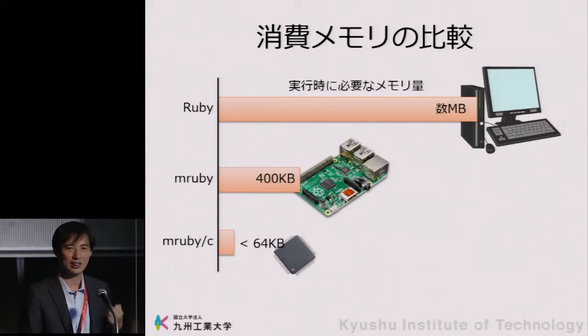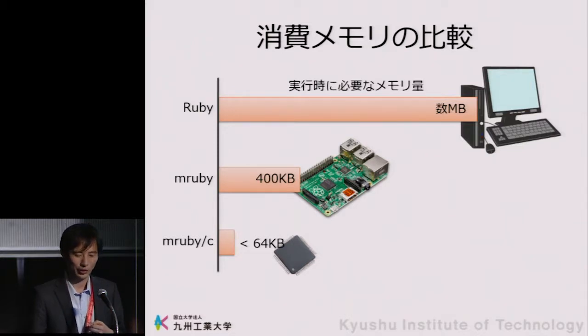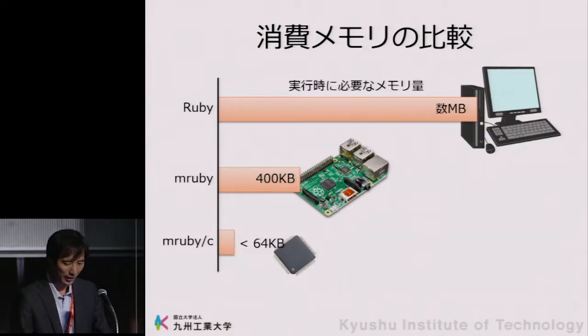And mruby-C is even smaller, and can be operated by a one-chip microcontroller. A one-chip microcontroller has a lot of advantages, such as being cheap and saving energy. It uses very little energy, and security can also be secured. It is incorporated in one chip, and it's very hard to retrieve the data from inside. So security is maintained. This is quite suitable for IoT.